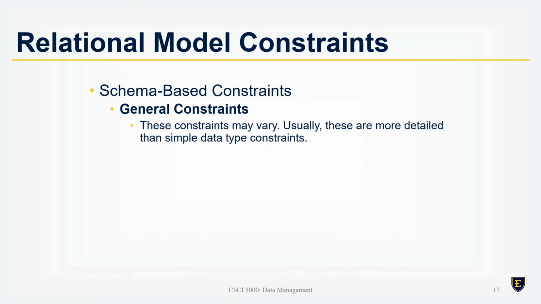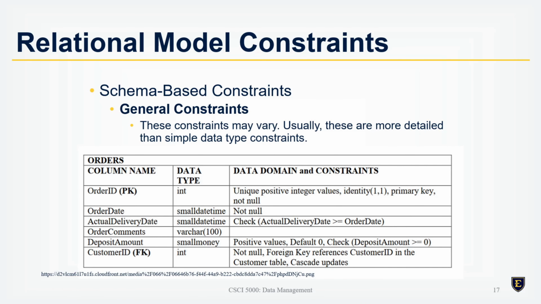Another schema-based constraint would be considered general constraints. And those vary, but typically they're more detailed than simple data type constraints. So let's take a look at an example of that, where we have the column name, the data type. So this is the domain of order ID.